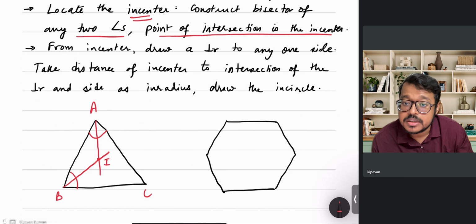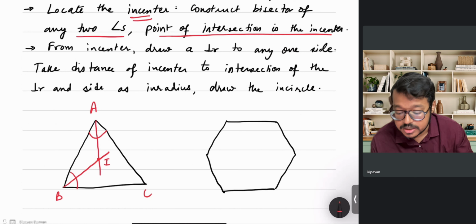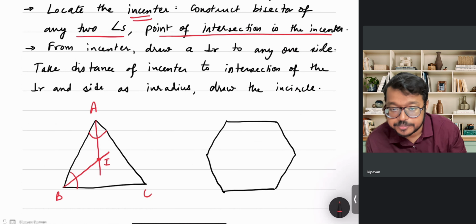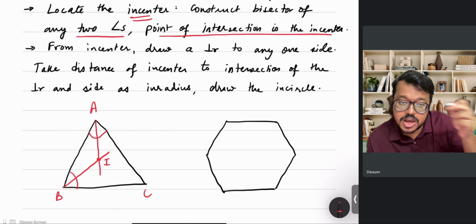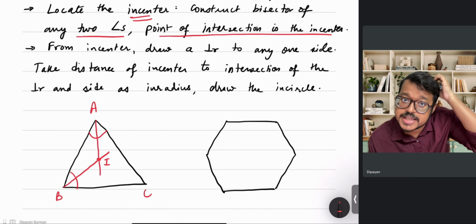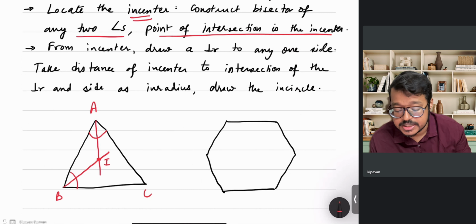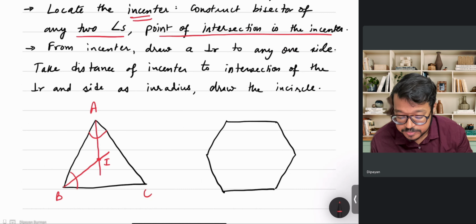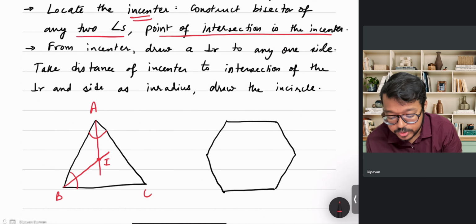Now you need the in radius. So you know that from point I, you have to draw a circle and the sides AB, BC and AC are tangents to the circle. So from point I, you have to draw a perpendicular to any one side. So let's say I am drawing a perpendicular to the side AB.